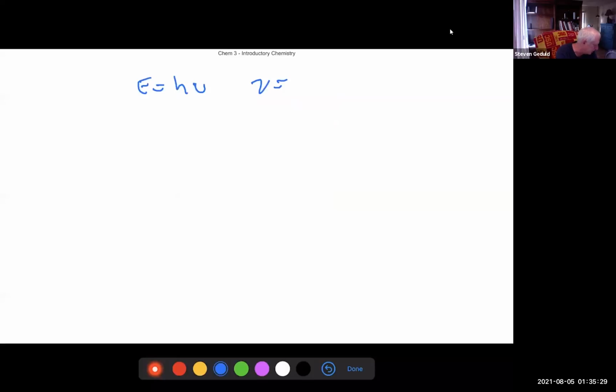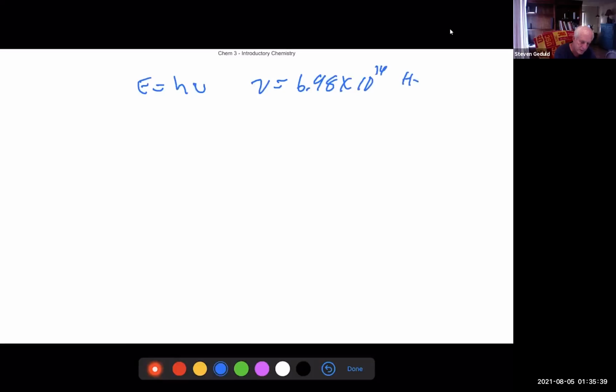Really? I lost my equation too. Oh no. All right, we can put it back. Energy equals h nu. Frequency is equal to 6.98 times 10 to the 14 hertz.